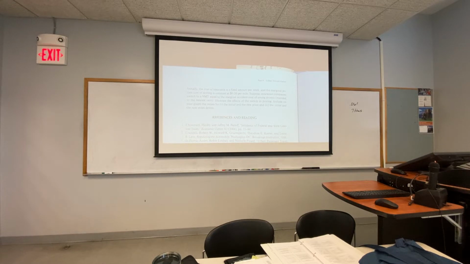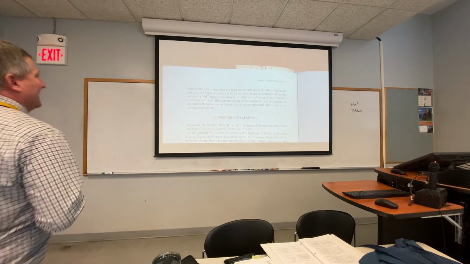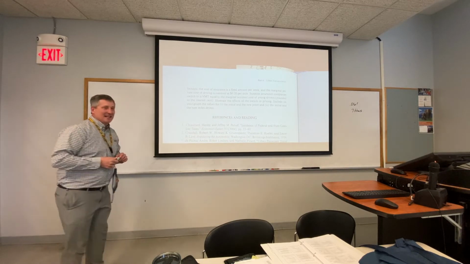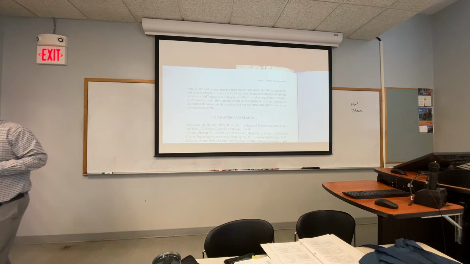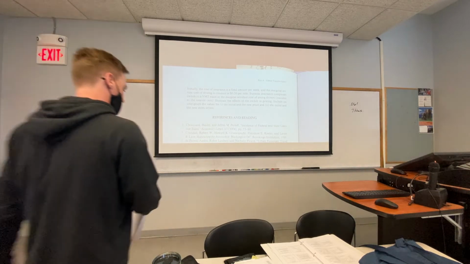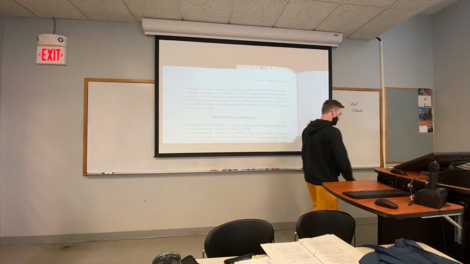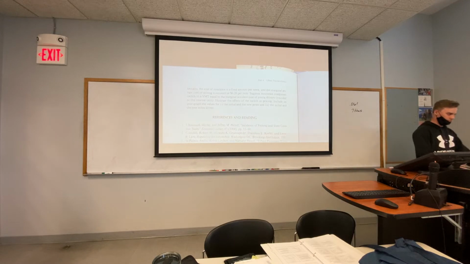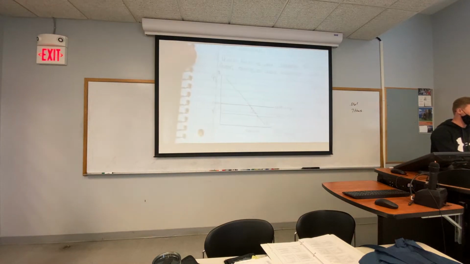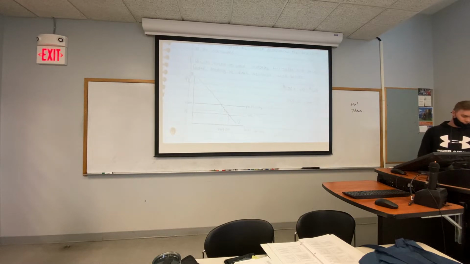Jacob, you ready? That's what we need. You guys know that you're learning it if you can actually explain it to somebody else. Even if you're wrong sometimes, right? It's okay to be wrong.